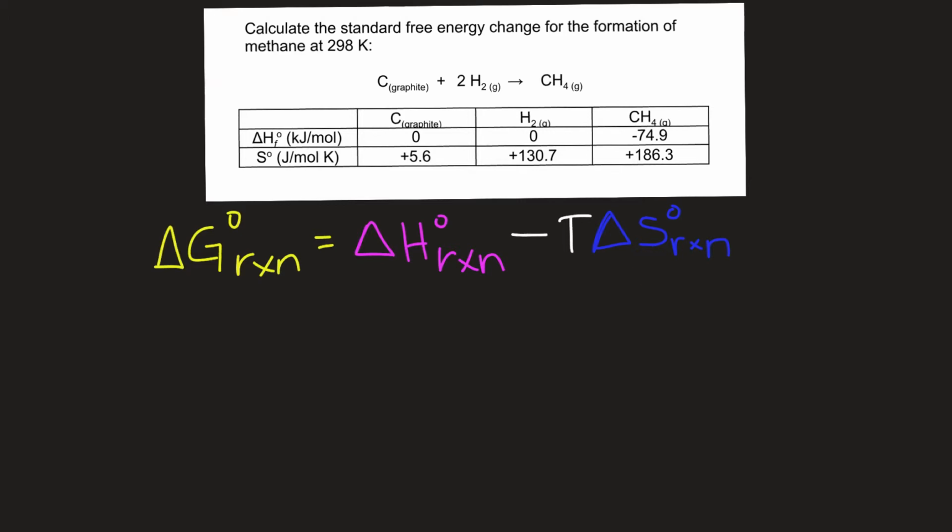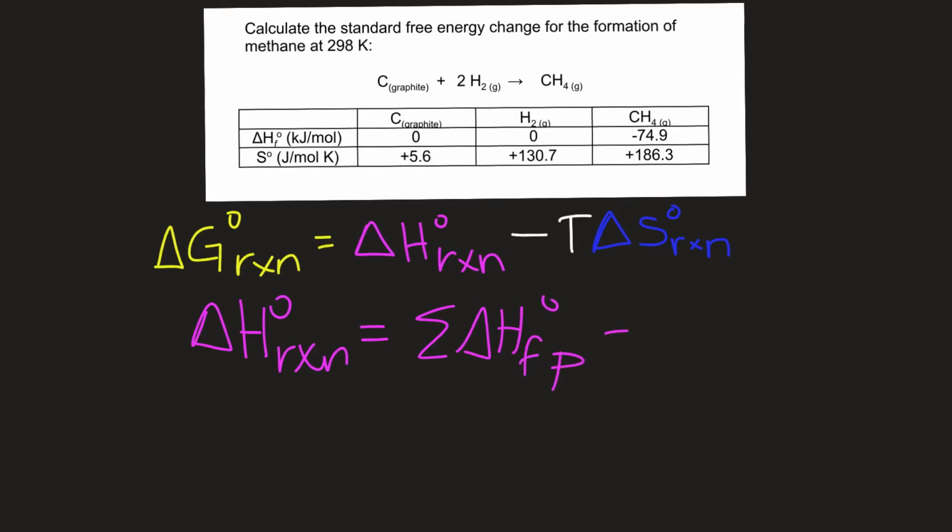Okay, so let's work on getting the standard heat of reaction first. The standard heat of reaction is going to be summing up the heats of formation for all your products and subtracting from that the sum of the heats of formation for your reactants.